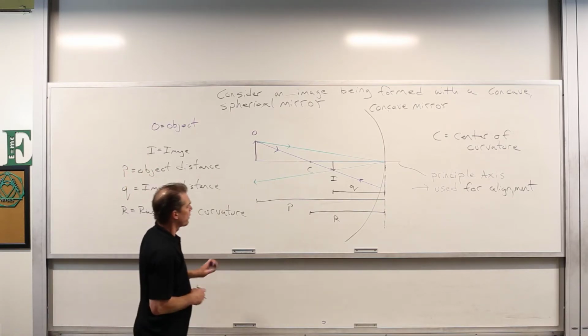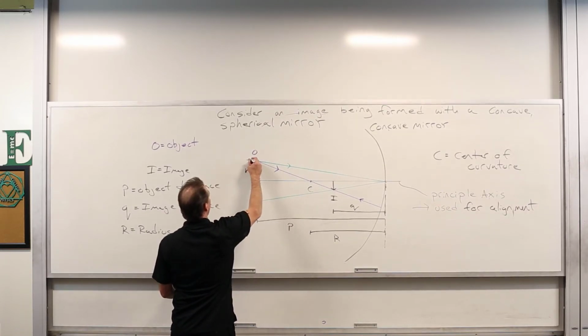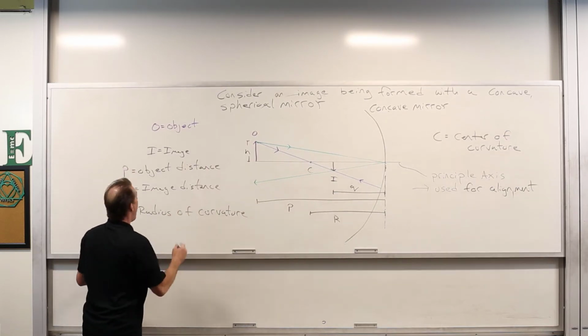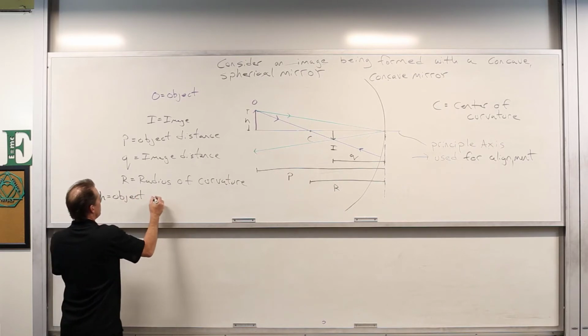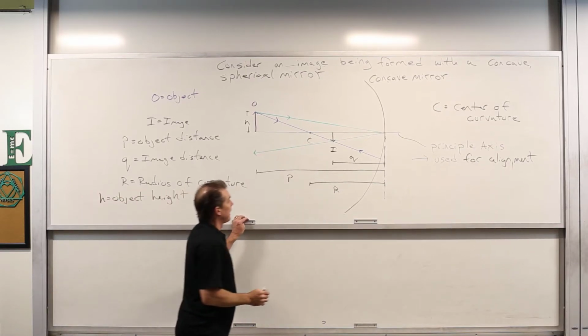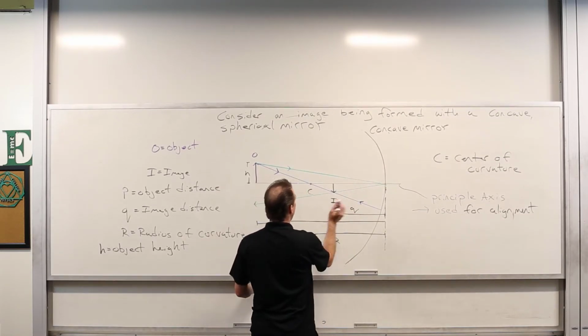That's great. There's a couple more things in here though. Let us say we've got some H. H is going to be the object height. And then we're going to take an H prime and say that that is the image height.